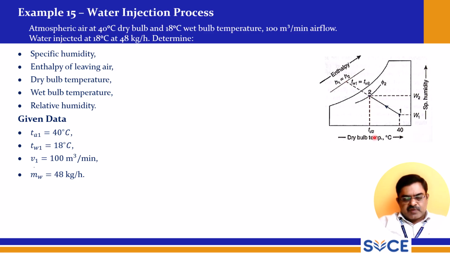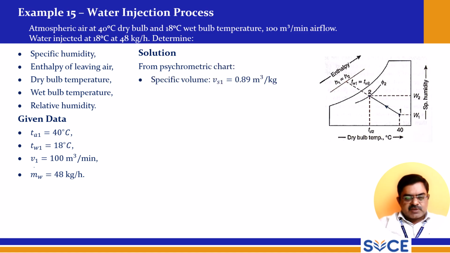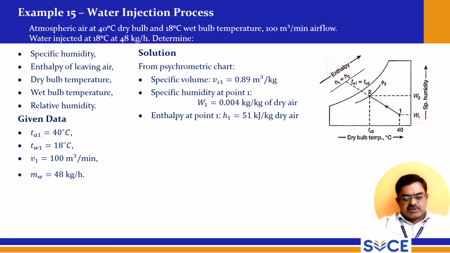There we can find TA2 and phi 2. From the psychrometric chart, Vs1 is equal to 0.89 meter cube per kg, and specific humidity at point 1 is 0.004 kg per kg of dry air. So enthalpy at point 1, H1 equal to 51 kilojoules per kg of dry air.